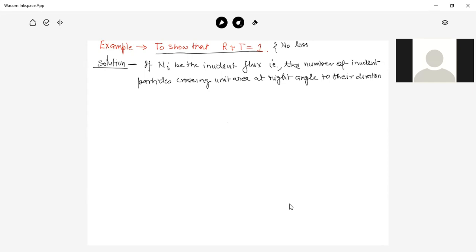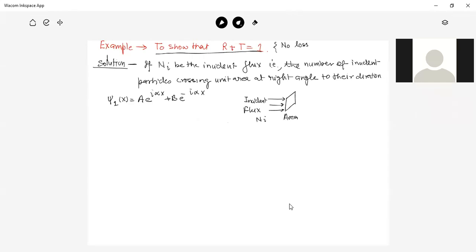right angle to the direction. How can we show this? Suppose this is your area, and from here this flux is coming, this is the incident flux, and this incident flux is Ni. This Ni has the solution psi 1 of x is equal to A e raised to the power i alpha x plus B e raised to the power minus i alpha x.